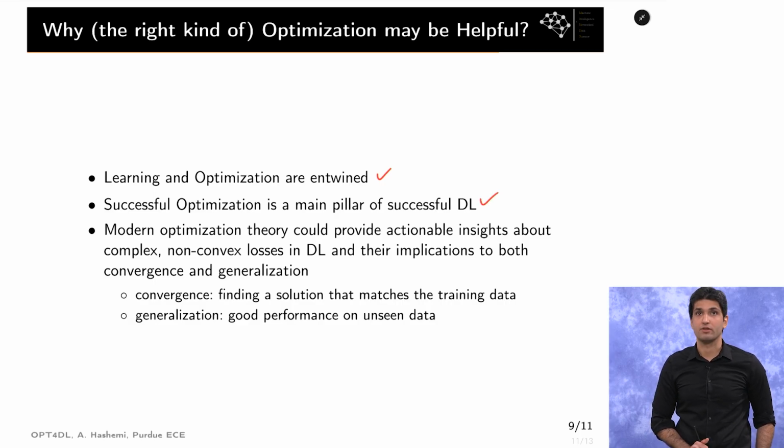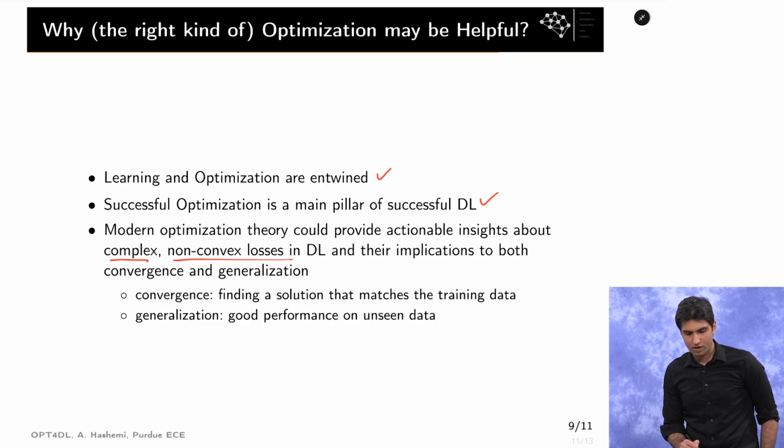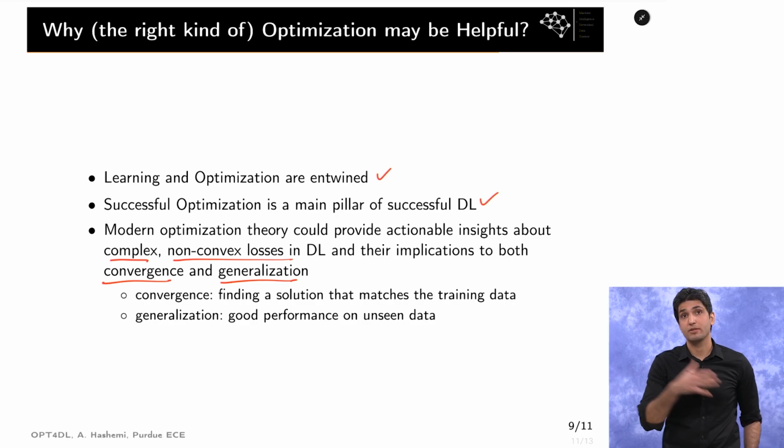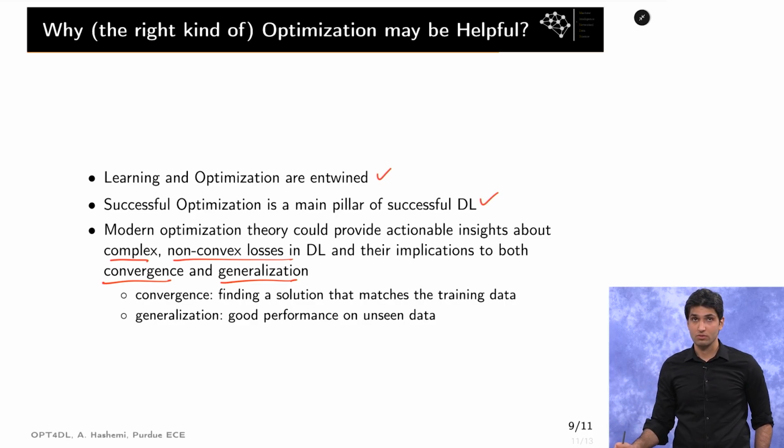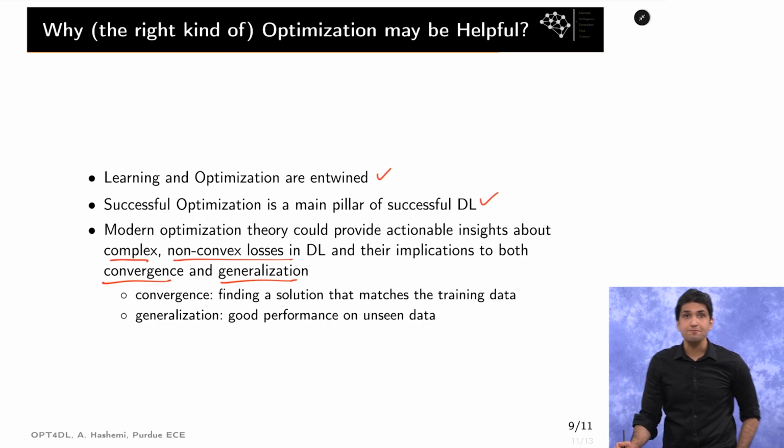It's not the only one, but it's certainly of essential importance. And as we talked about in the previous slides, modern optimization theory can provide actionable insights about the complex, non-convex loss landscapes that we deal with in deep learning, and their implications for both convergence, by which I mean how well I can fit the training data, and generalization, how well I can apply the patterns that I learned during training to unseen data. Okay.